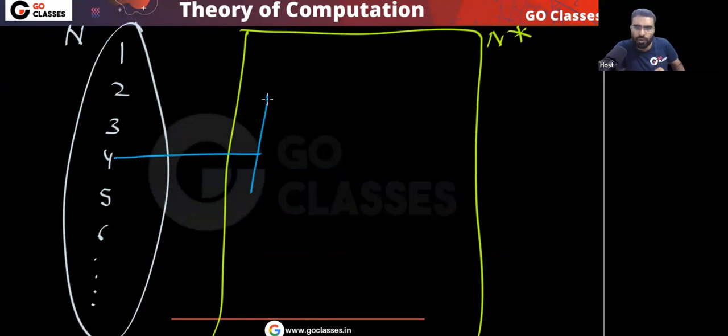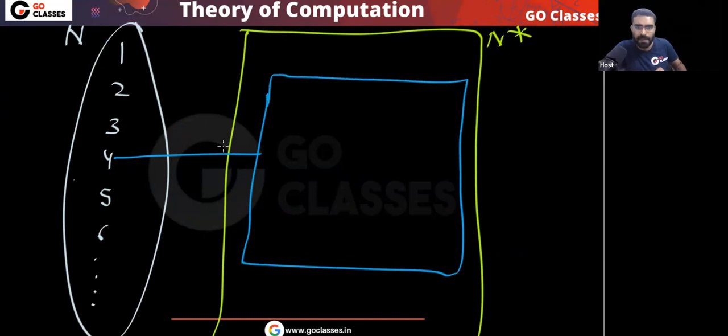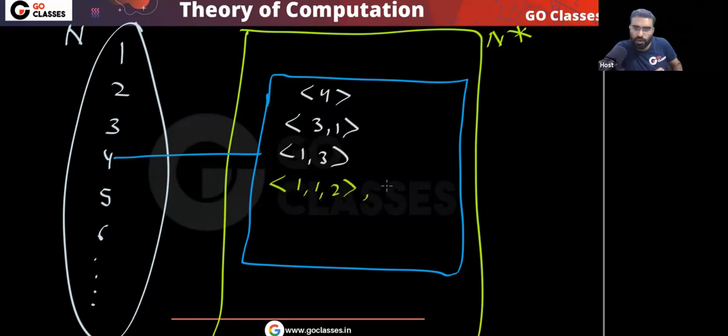For example, to 4, what are we assigning? How many elements are we assigning to 4? To 4 you are assigning this sequence. You are assigning these sequences. What else are you assigning to this 4? For example, 1, 1, 2. For example, 1, 2, 1.